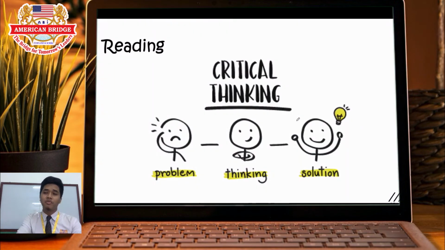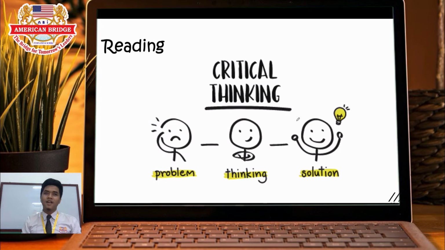Let's move on to the reading part. So the reading part is a little bit new, I think, because it requires some skill, and the skill is the critical thinking skill. What is critical thinking skill? To answer this question, I would like to introduce the types of questions.